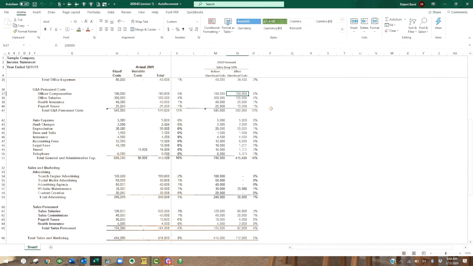G&A personnel, which is officer comp, let's say that, now let's talk about personnel. You can let people go, or you can have everybody agree to pay cuts. If you need to cut payroll costs, then either you need fewer people, or you need to cut the rate or the hours of everybody on board in order to retain everybody.